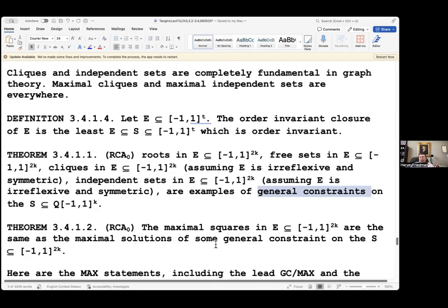Maximal squares are not examples of general constraints because they're not closed downward. A subset of a square may not be a square. However, we do have this, which requires some proof. The maximal squares are the same as the maximal solutions of some general constraint. Even if the squares aren't the solutions of some general constraint, the maximal squares are the maximal solutions of some general constraint.